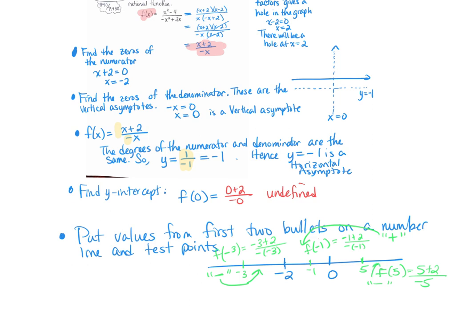So what does that tell us? To the left of -2, so we go up here on our graph, that's -2. To the left of -2, our graph is below the x-axis, and then it's above. Does that make sense?